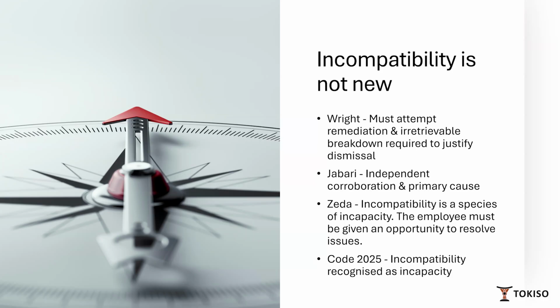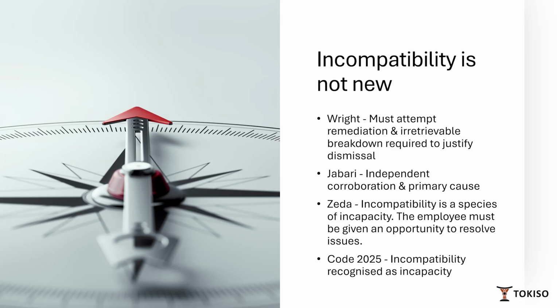And it has removed any debate or uncertainty around what process needs to be followed when an issue has been recognized as incompatibility. The principles from our case law leading up to the release of the Code of Good Practice last year still stand true: you must attempt remediation when there is incompatibility.